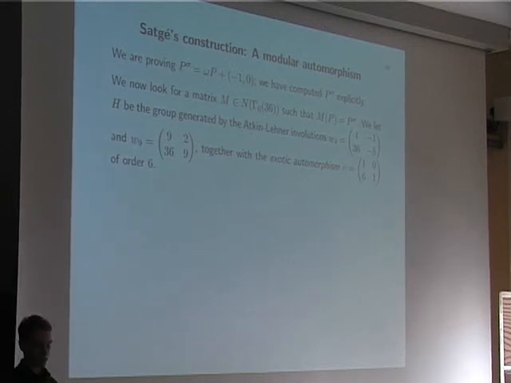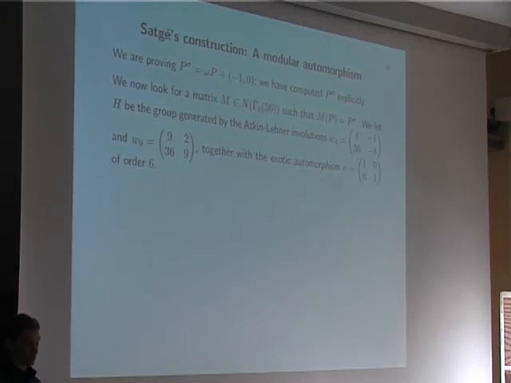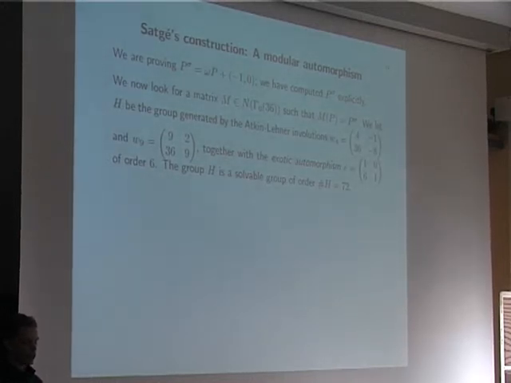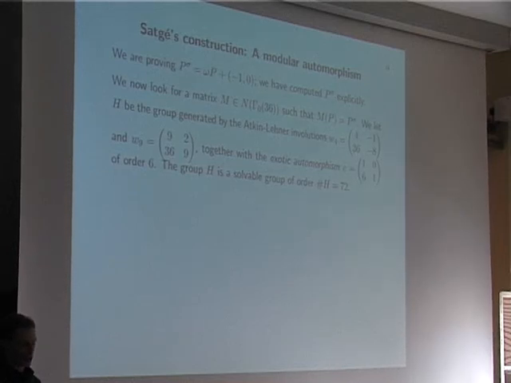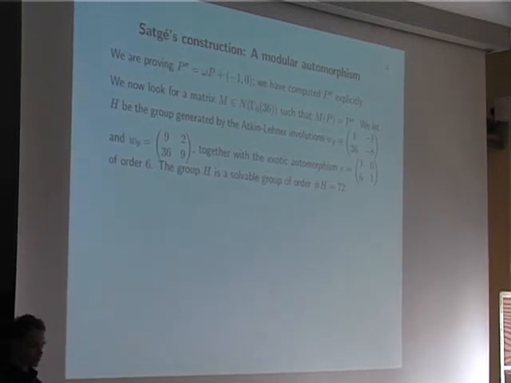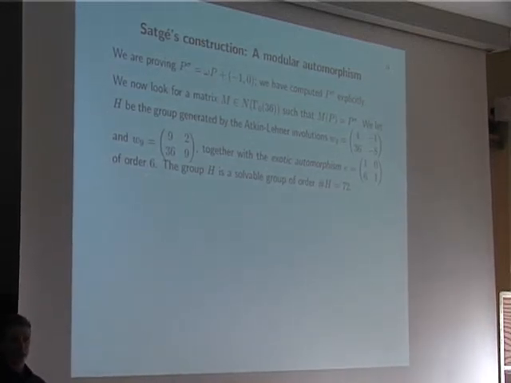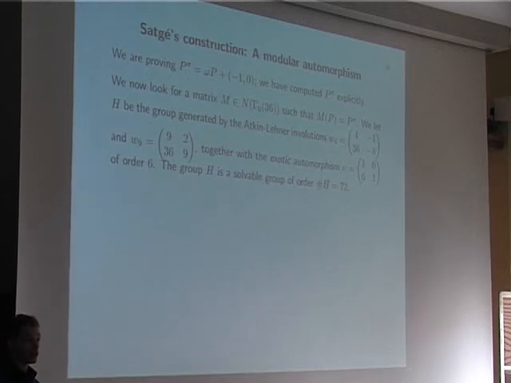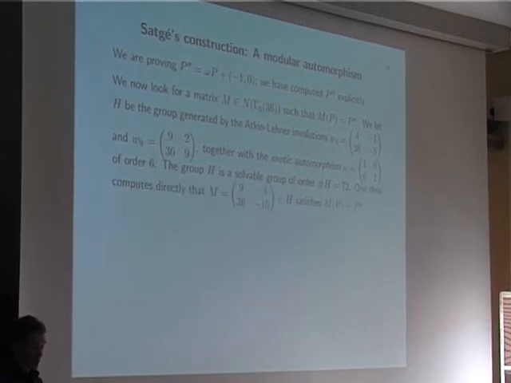So this really harmless-looking matrix (1 0; 6 1) is an element of order 6, and it also normalizes Γ_0(36). These were first studied by Ogg, so you can go back to those papers. If you consider the group H, which is generated by these three elements, you turn out to have a solvable non-commutative group of order 72. So that gives us lots of possible M's that we can try to see which one gives us P^σ.